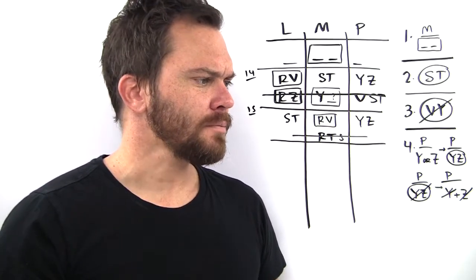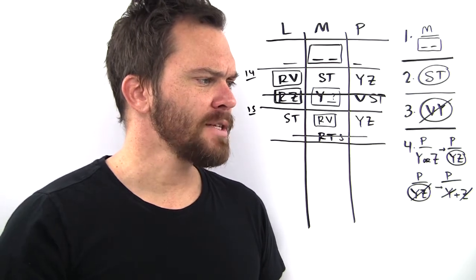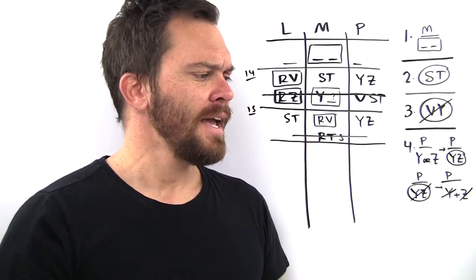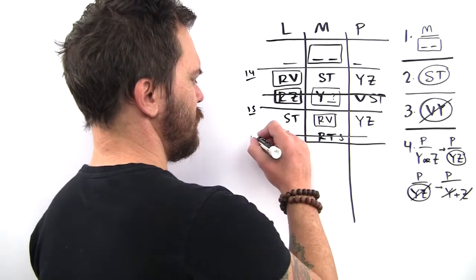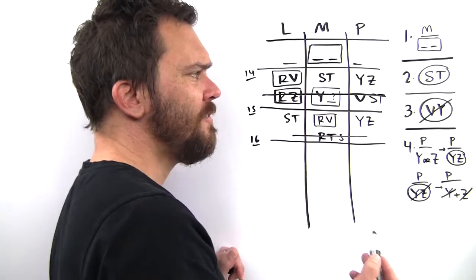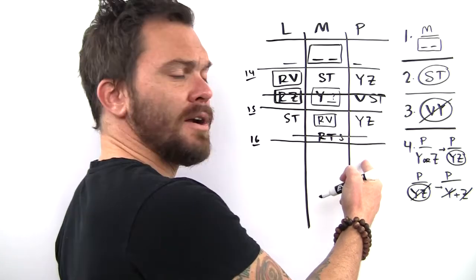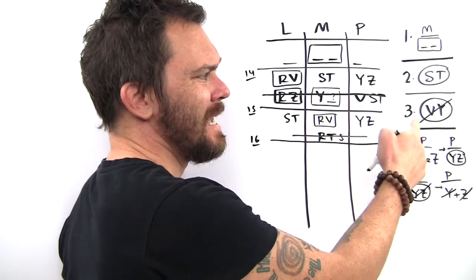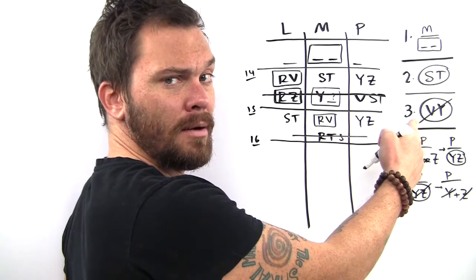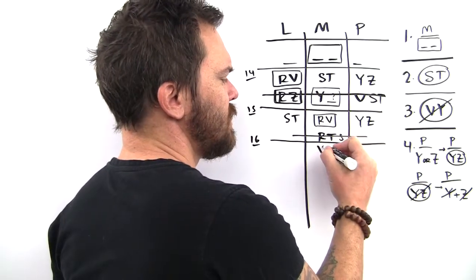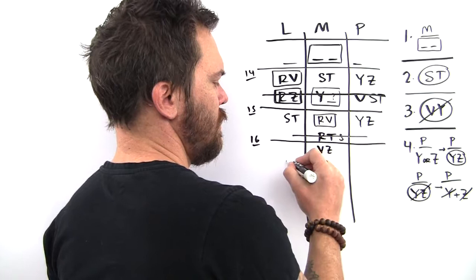Question 16. If Vogel is in the same course as Zane, what cannot be true? If V and Z are together, then they are not together here, because we don't get V and Z together with Y. So V and Z together here or else here.